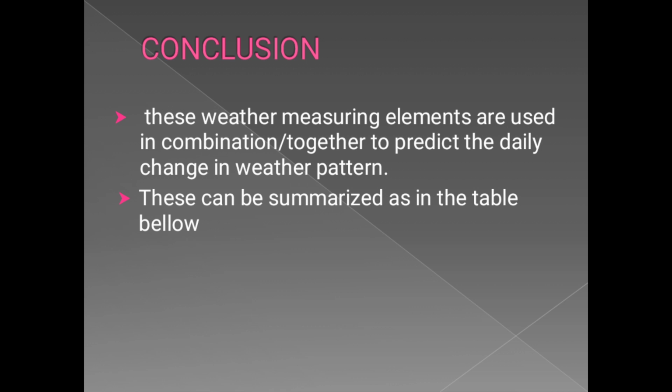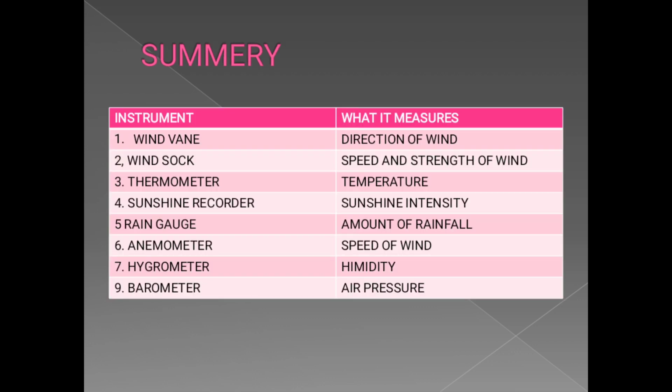In conclusion, these weather measuring instruments are used in combination to predict the daily change in weather pattern. This can be summarized in the table below: wind vane, windsock, thermometer, sunshine recorder, rain gauge, and barometer. The wind vane is used in measuring direction.